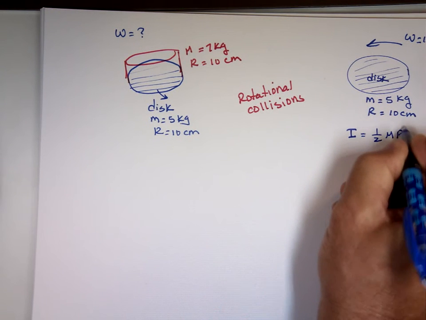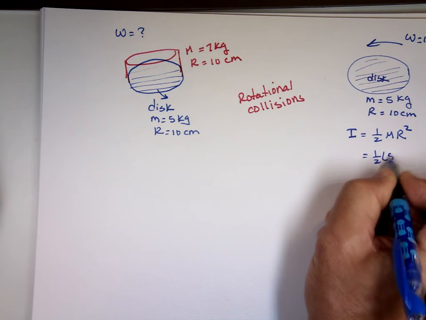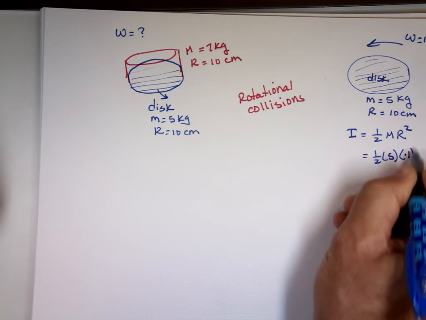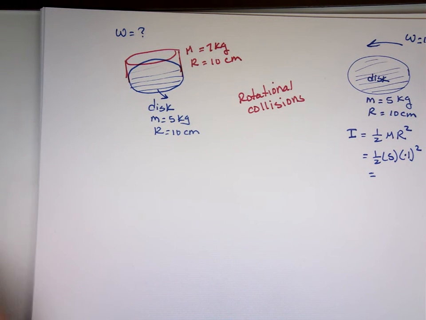So in this case, it will be 1/2, the mass is 5, R is 0.1 and square it. 0.5 times 5 times 0.1 squared, and we got 0.025.